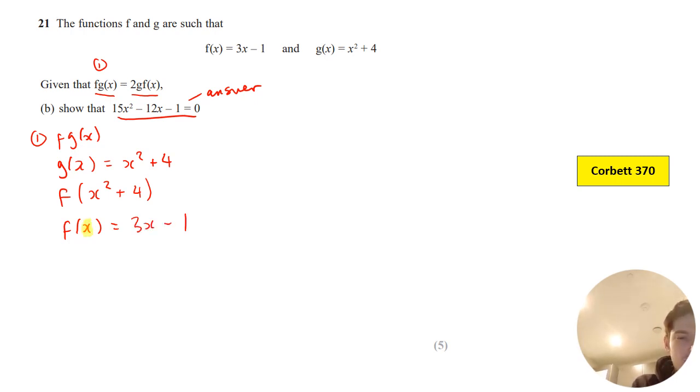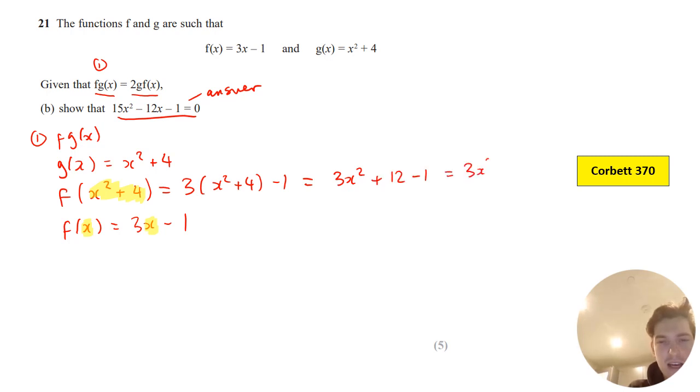So instead of x, I'm going to write x squared plus 4. So instead of 3x minus 1, I'm going to write 3 times x squared plus 4, minus 1. And I can simplify that. So 3x squared plus 12, expanding brackets, minus 1 equals 3x squared plus 11. So this was what fg of x was equal to.